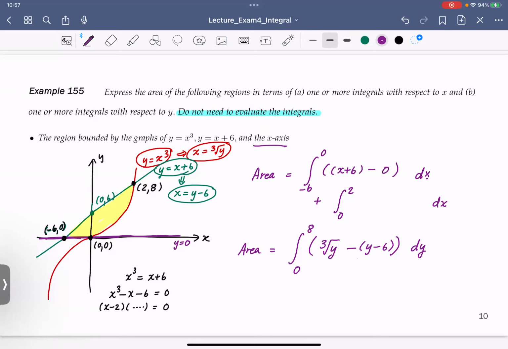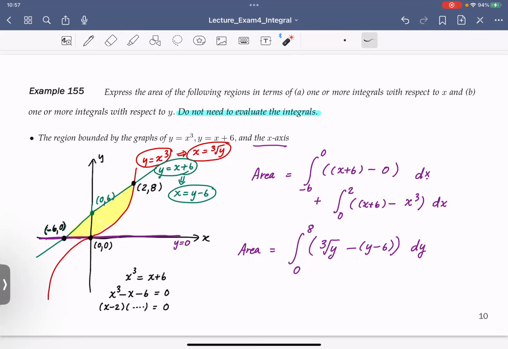So you're going to integrate x plus 6 minus 0 on the first piece. For the second one, the top one is x plus 6 as well, but the bottom one is x cubed, right? Because this is top minus bottom, top minus bottom, top minus bottom.